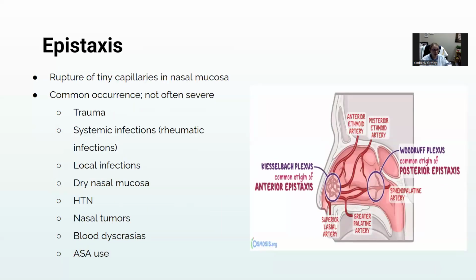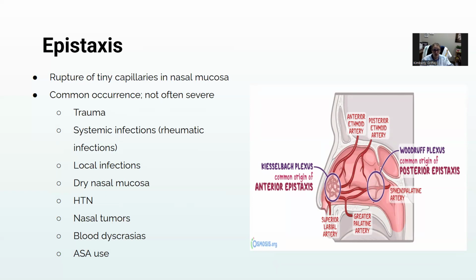Epistaxis is a nosebleed. So that's when you have a rupture of those tiny capillaries in the nasal mucosa. These are pretty common. They can be severe, but not very often. They can be caused by trauma.